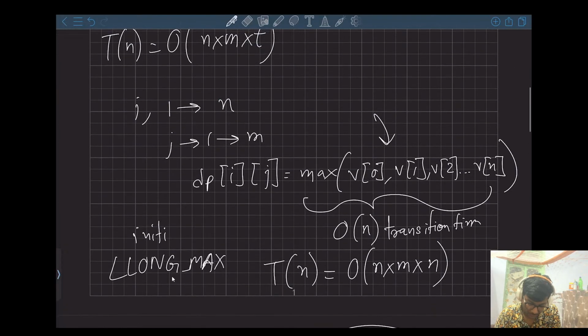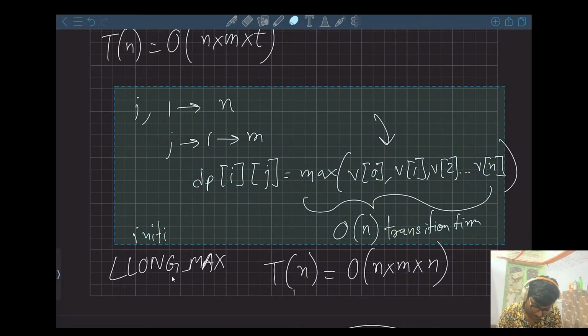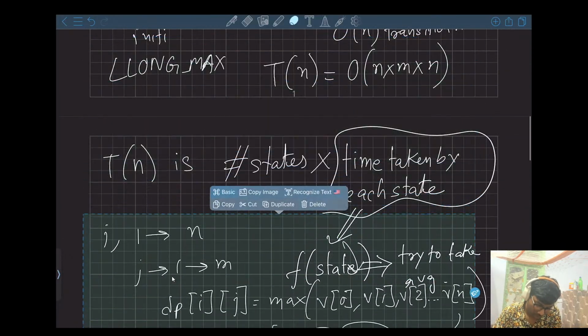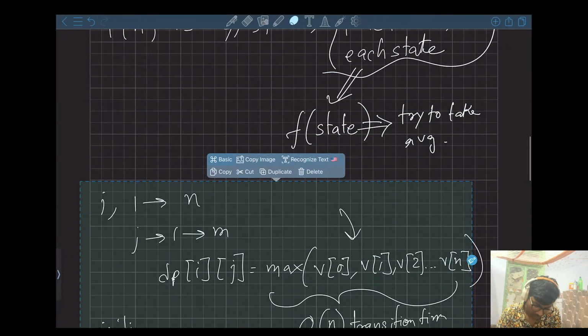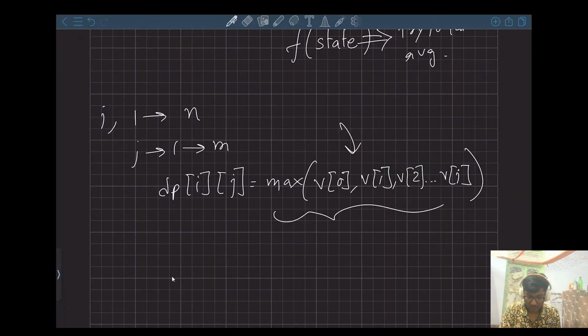Let me show you an example. So consider this only. So maybe this loop goes up to V of I in this case. So can I say that this is an average which will take from n by 2, average is order of n by 2.